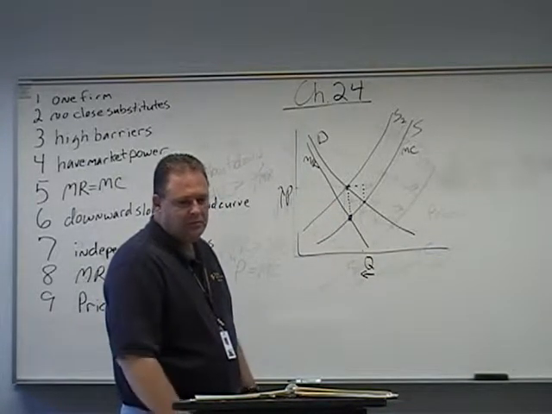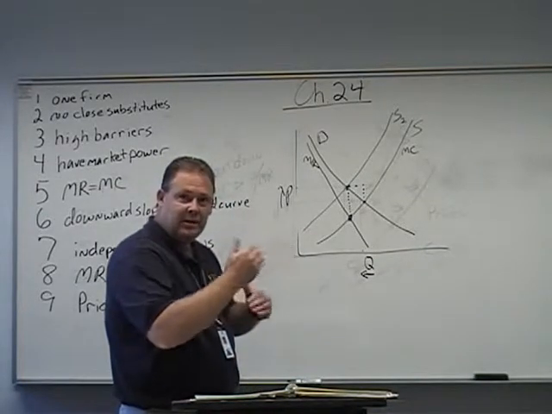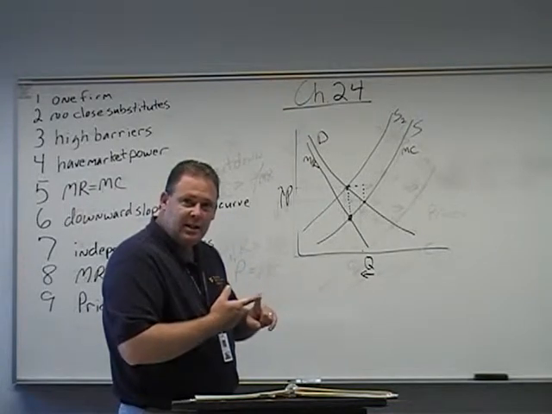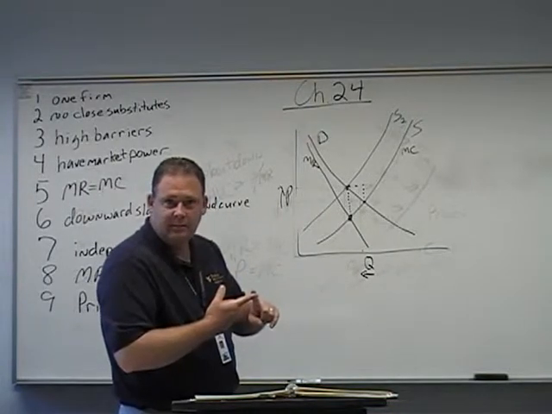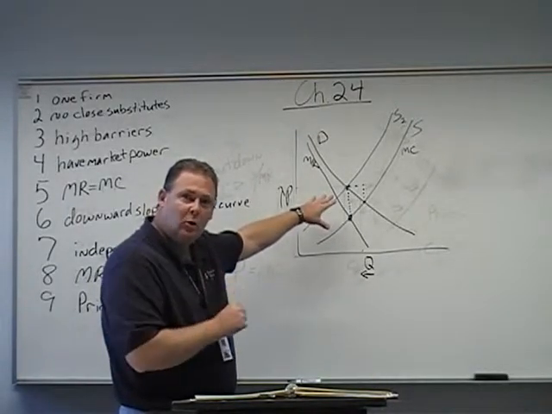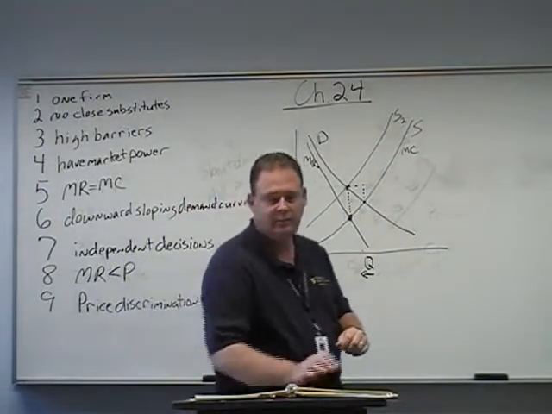So, that's the first section of what the monopoly chapter is about. It talks about just these things. We still have the short run decisions, the production decision. But that production decision ends us at a new point because of the way things are calculated.